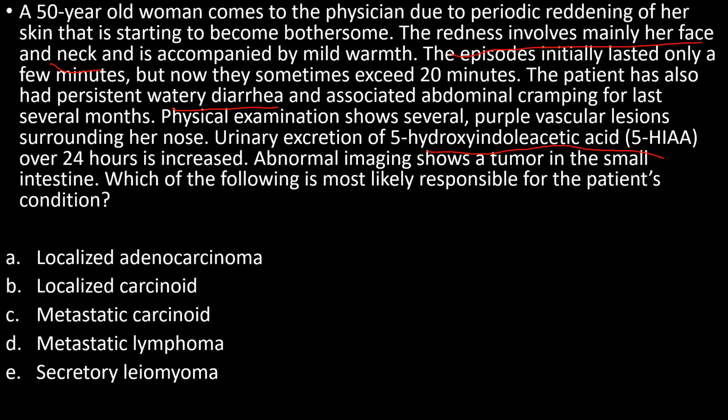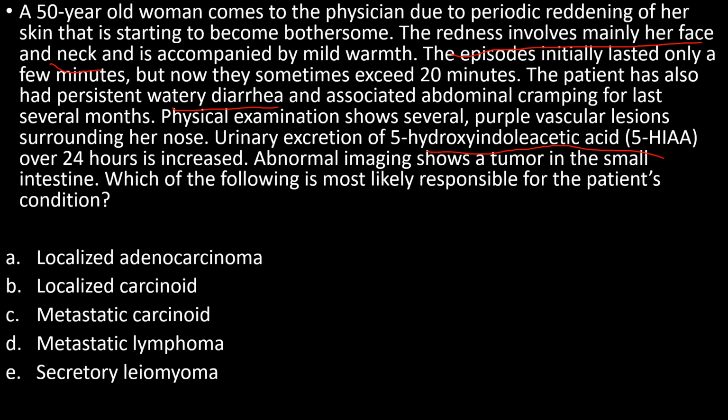In contrast, if intestinal carcinoid metastasizes to the liver, then these vasoactive substances bypass the liver and enter the systemic circulation, resulting in carcinoid syndrome.